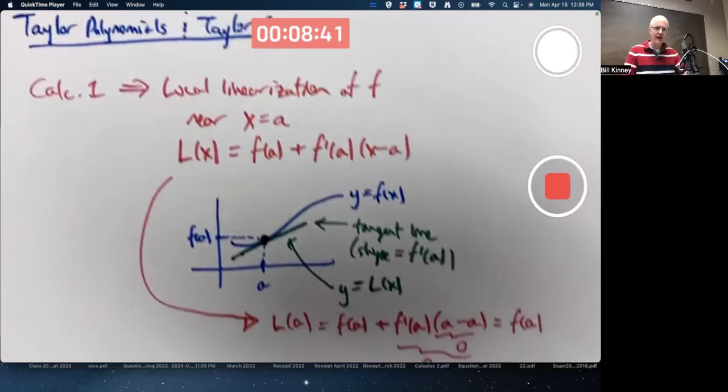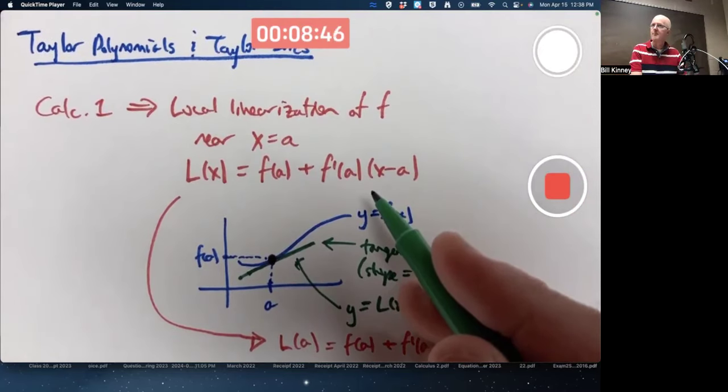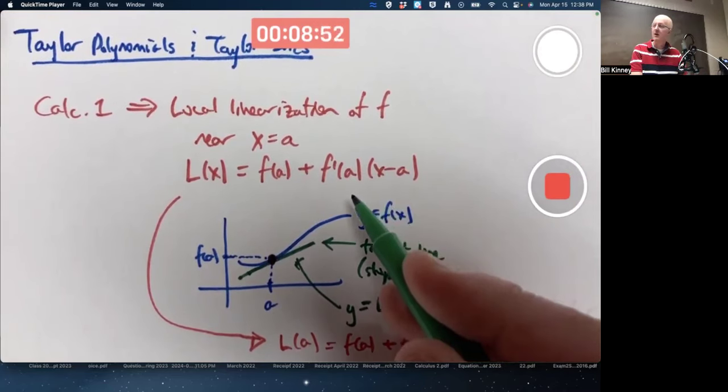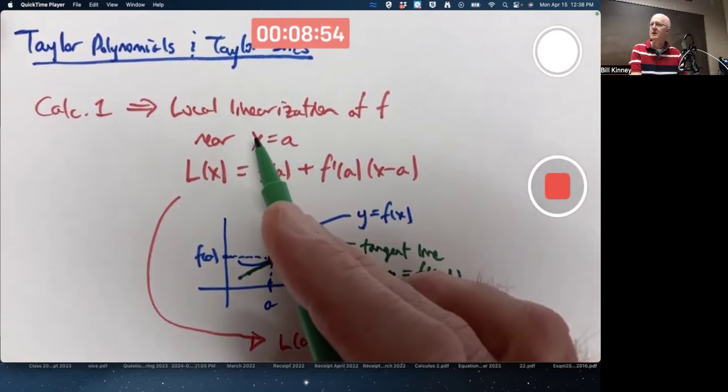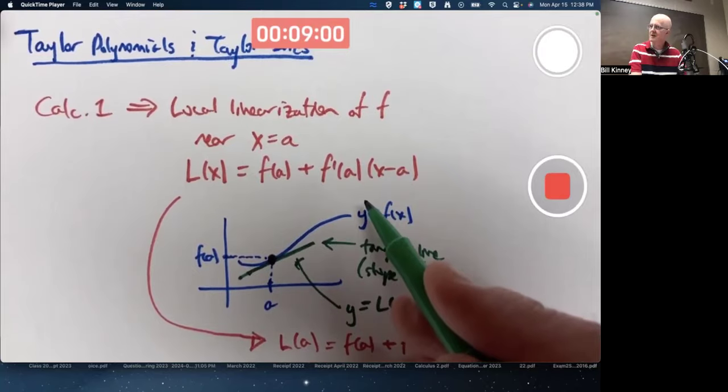This is a Calc 1 idea, local linearization using the derivative. Maybe now it would be a good idea to generalize this to a local, what should I call it? Quadrization with a quadratic function instead of a linear function.